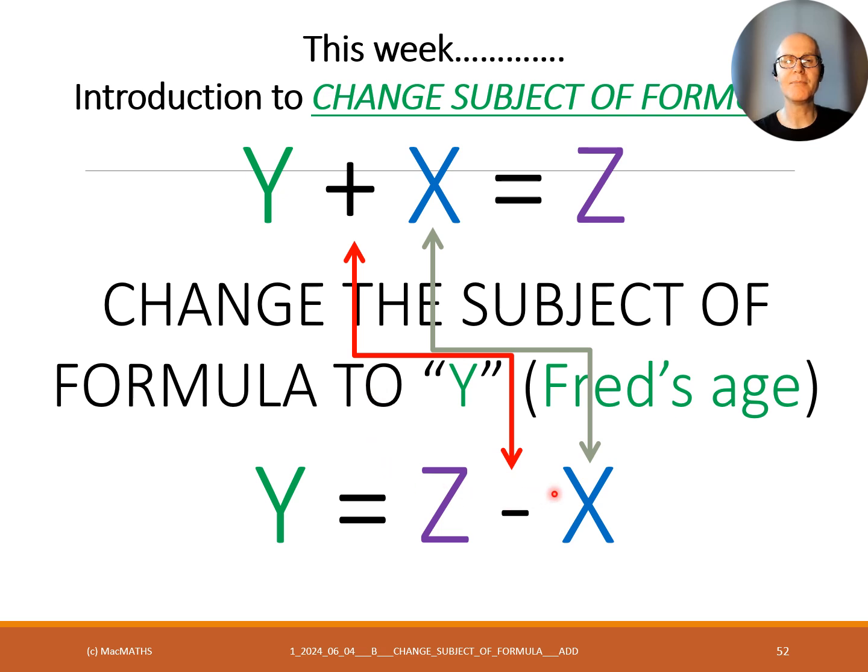Now we must have minus x on the right hand side. Adding on one side, subtracting on the other side. So to change the subject of formula from z to y, this is what we end up with. y equals z minus x.